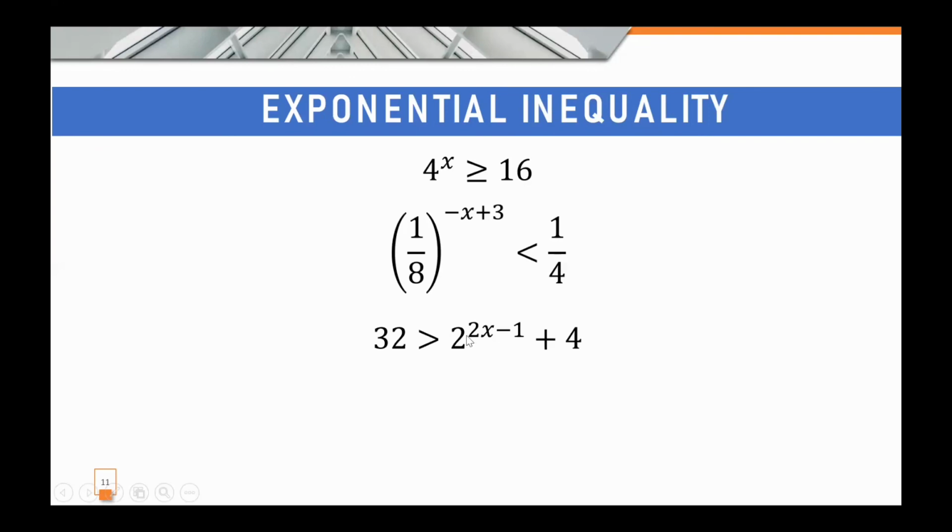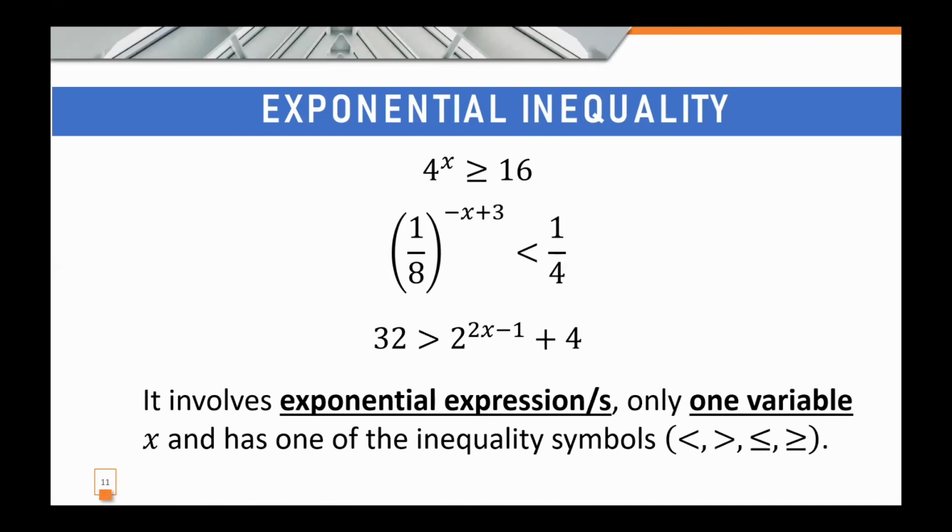There's only one variable, which is x, and the inequality symbol is greater than. So when you say exponential inequality, it involves exponential expressions. There's only one variable and has one of the inequality symbols, less than, greater than, less than or equal to, or greater than or equal to.